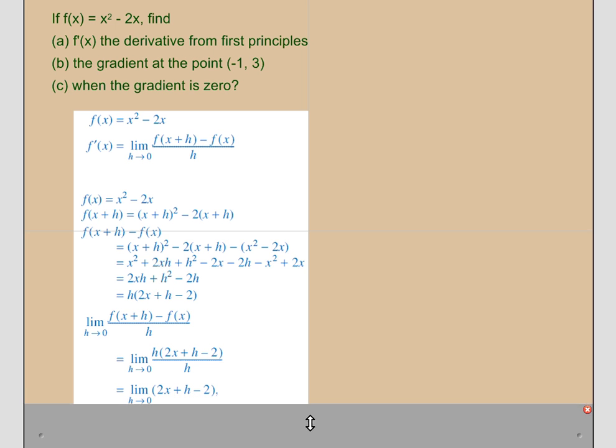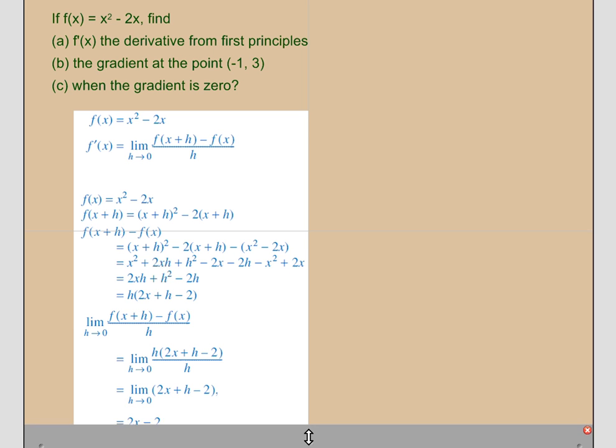And of course as h approaches 0, you can see that the expression left is going to be 2x minus 2. So we say that the derivative of f of x using first principles is 2x minus 2. As I said to some of you last week, you'll probably be able to start to see a pattern emerging between the actual function and its derivative.